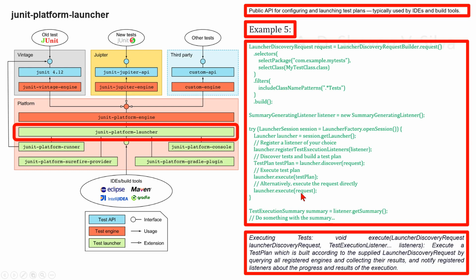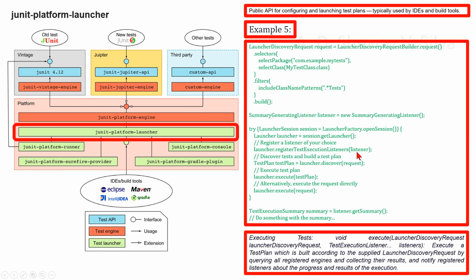Here test execution summary, get summary, gets the summary generated by the listener, and here the interface test execution summary is a summary of the test plan execution. Here, register a listener of your choice.